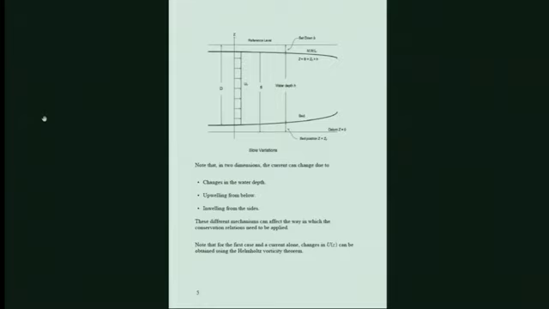Okay? You get changes in the water depth. You get changes in the current. Now, the problem with current changes is the way that they can occur. Because you can get upwelling from below, which was mentioned earlier, but you can also get inwelling from the sides in 2 dimensions. So it can change because of two things, inwelling and upwelling.